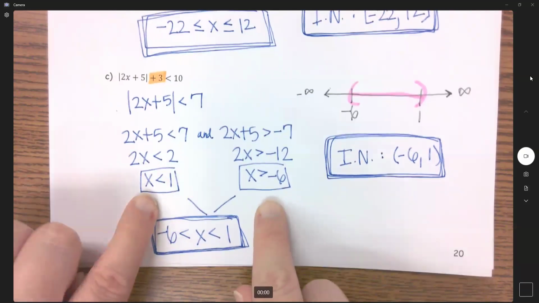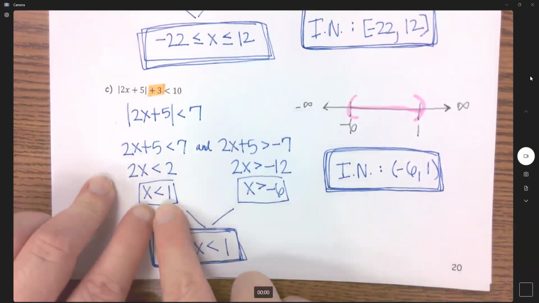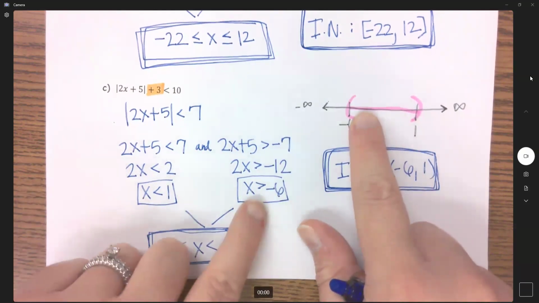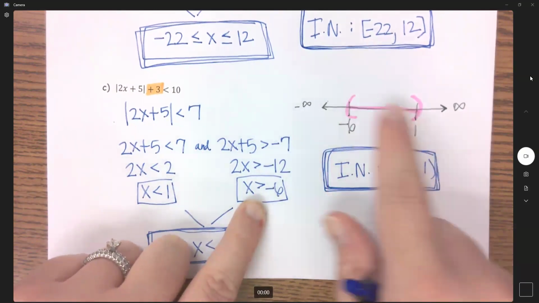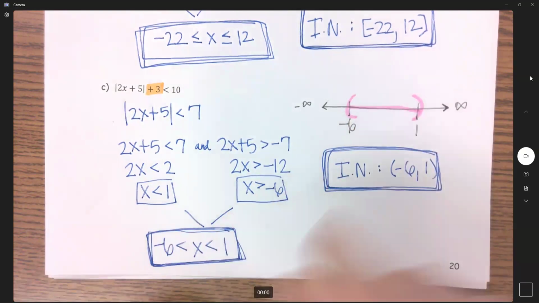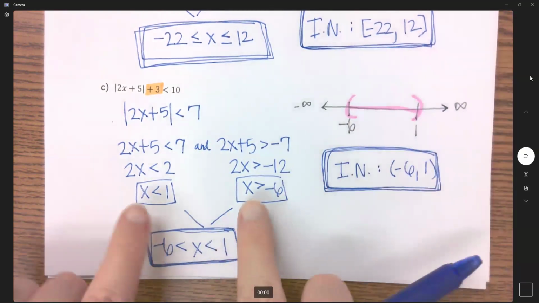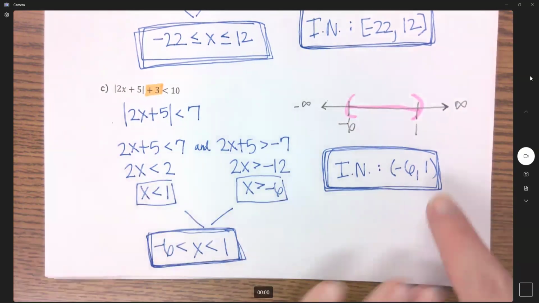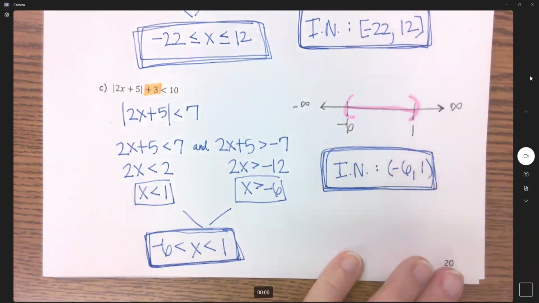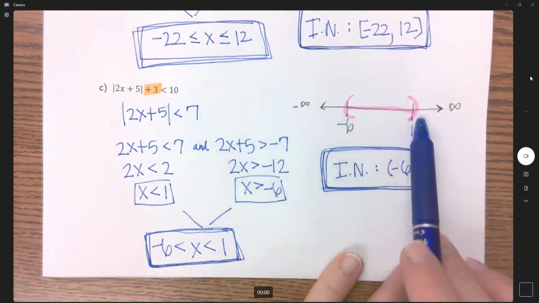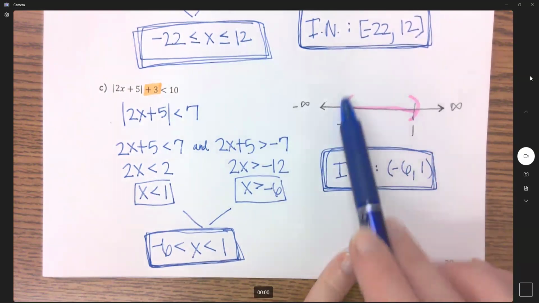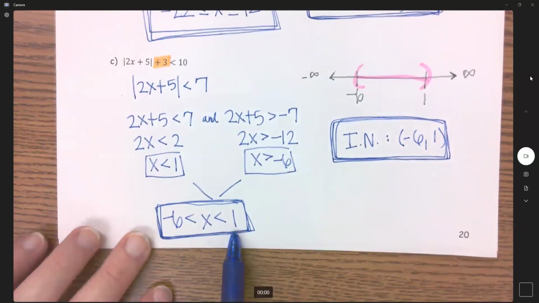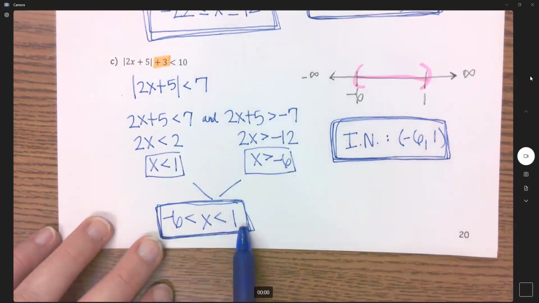Once we got to this right here, I can now graph. So I need a graph that shows that this is less than 1, which we have, and greater than negative 6, and we have. So it's talking about everything in between right there. They both got parentheses because it was less than and greater than, not or equal to. Interval notation comes from our graph. It's going from negative 6 to 1, parentheses, because we have parentheses here. And if it needs it as a compound inequality, it always needs to go from least to greatest.